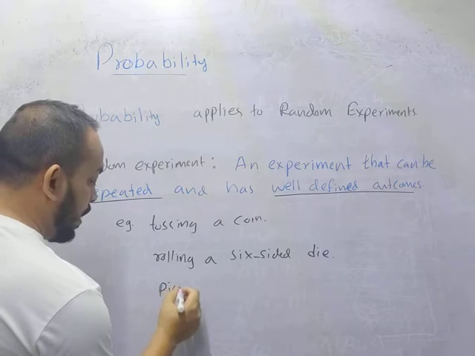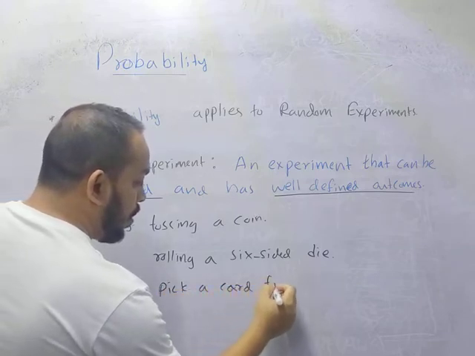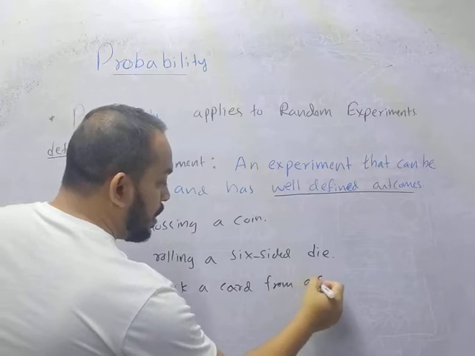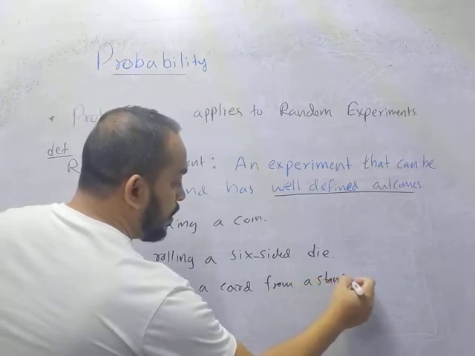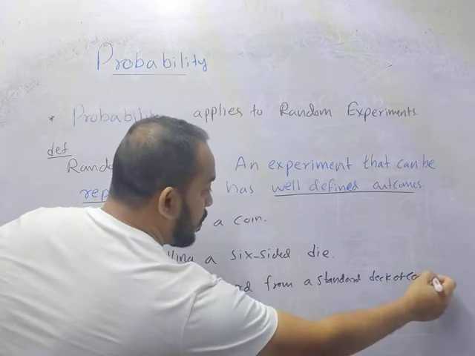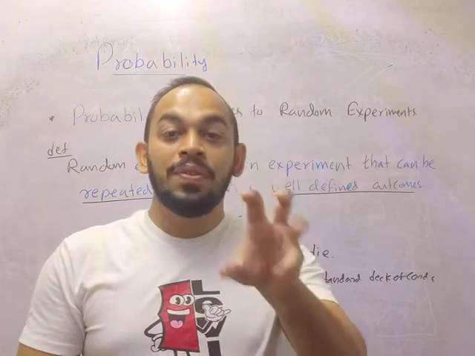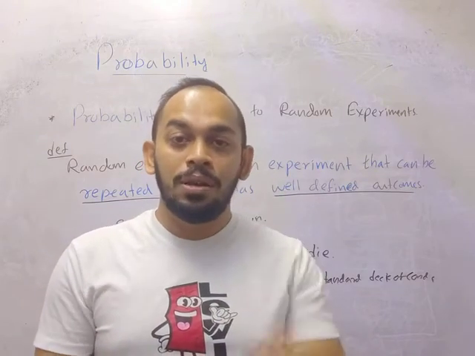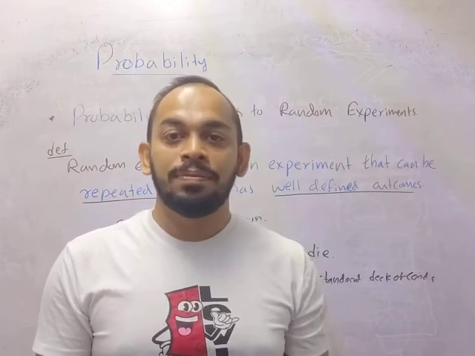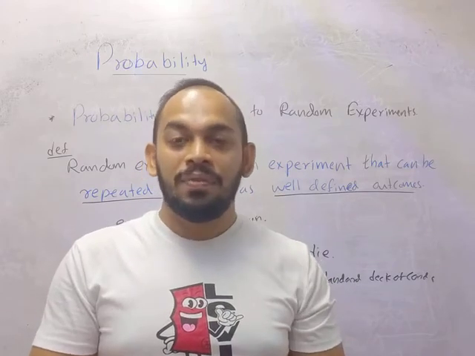Or picking a card from a standard deck of cards. There are 52 cards in a standard deck of cards. You can pick a card from that. You can pick 2 cards or 3 cards or any number of cards.